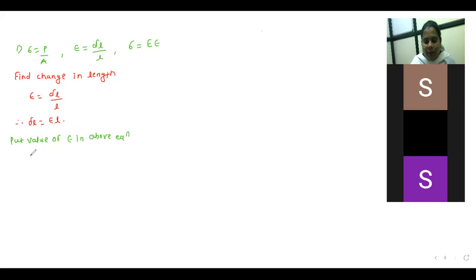What is the value of epsilon? Epsilon equals sigma upon E from Hooke's law.